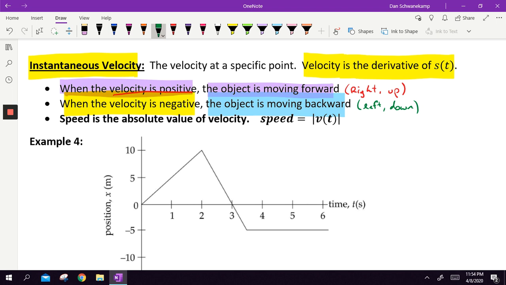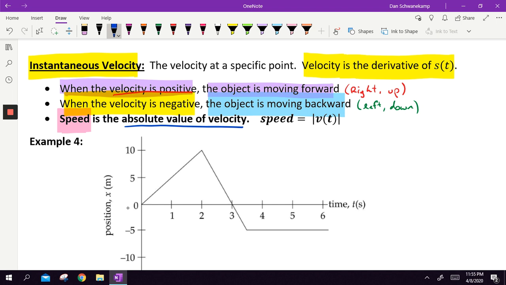And then this last concept is really important as well. Speed. When we talk about speed, speed is the absolute value of velocity. You can be going 60 miles per hour forward. You can also be going 60 miles per hour backwards if you hit the gas pedal hard enough.